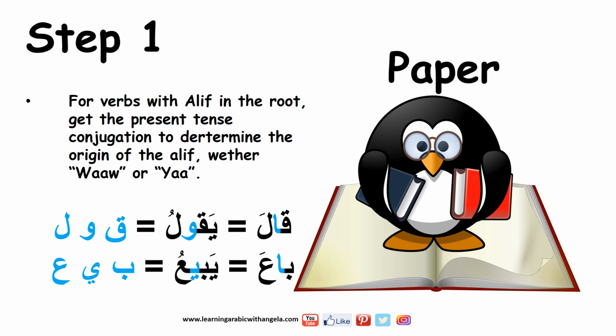So the alif here is a waw originally, and it's from the root qa, wa, la. باع, which is verb to sell, you have to render it to the present tense. يبيع. So the alif is originally a ya, and the root is ba, ya, a.